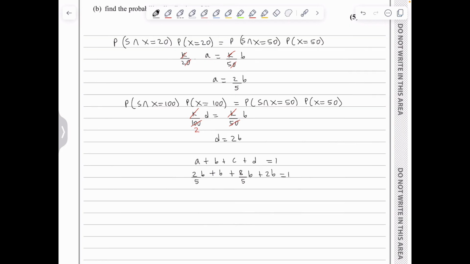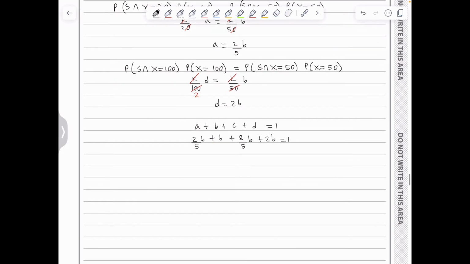So if I add the left-hand side, I get 5b is equal to 1, which means that b is 1 over 5, and therefore a is 2 over 5 times 1 over 5, which gives an answer of 2 over 25. c is equal to 8 over 5 times 1 over 5, which gives an answer of 8 over 25. And d is 2 times 1 over 5, which is 2 over 5.